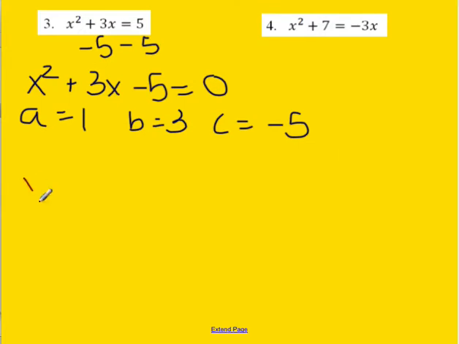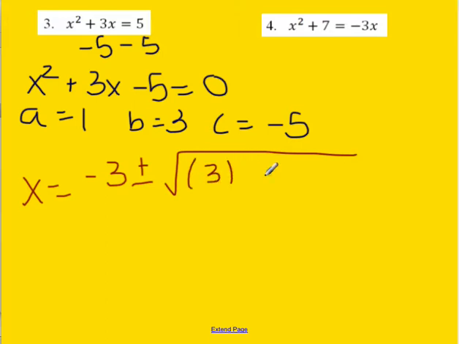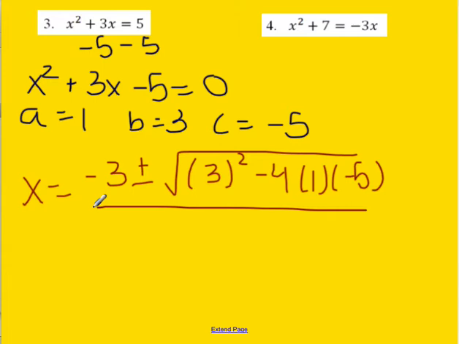So we're going to do x is equal to the opposite of b plus or minus the square root of b squared minus 4 times a times c, all of that over 2 times a.